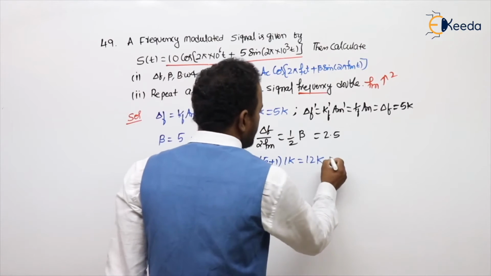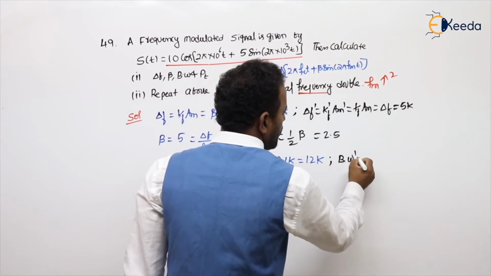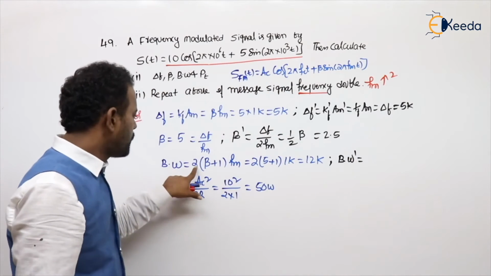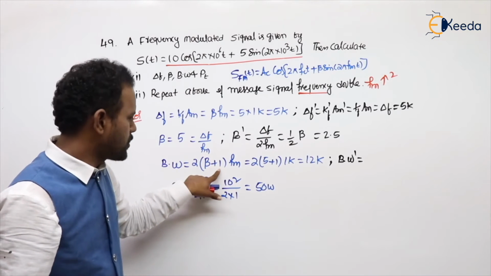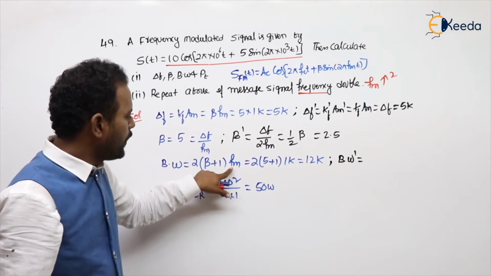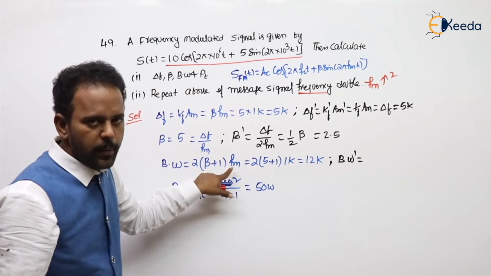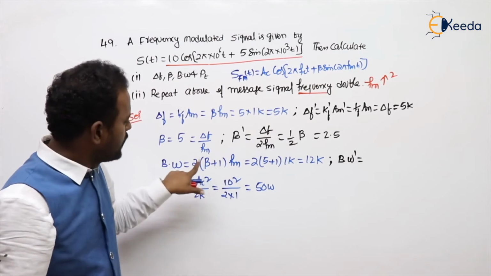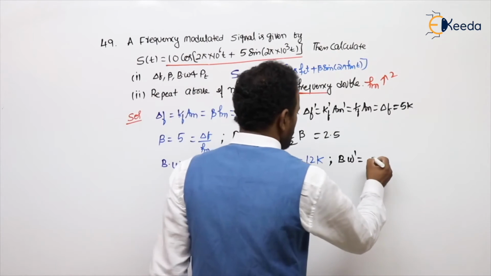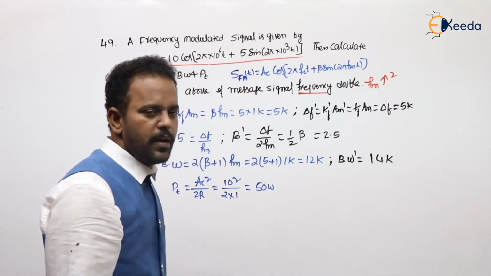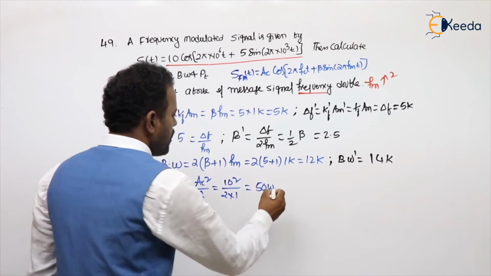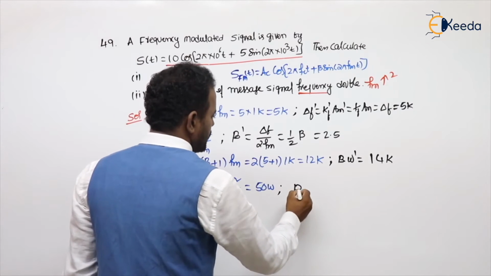What about the bandwidth? New value is nothing but 2 into, what is the new value of beta? 2.5 plus 1, 3.5 into, what is the FM? 2K. 3.5 into 2, 7 into 2, 14. So 14K. Bandwidth increases, but not doubled, but becomes half of the... What about the power requirement?